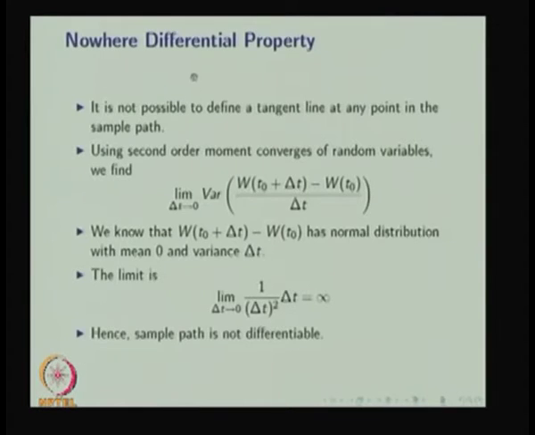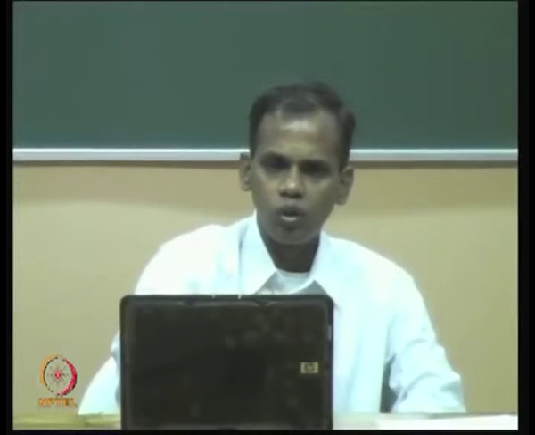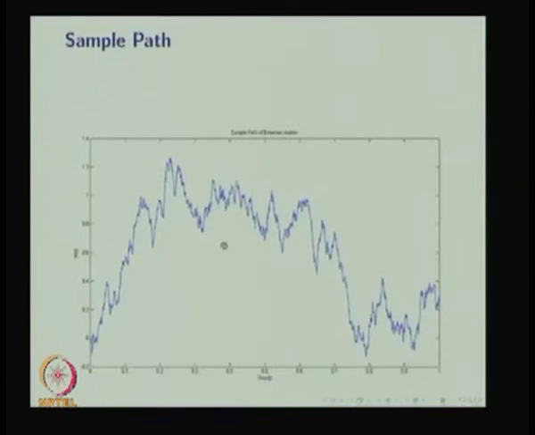The first important property is nowhere differentiability. You can see the sample path of a Brownian motion. If you see the sample path of the Brownian motion, it is a continuous function, but it has too many fluctuations at every point.